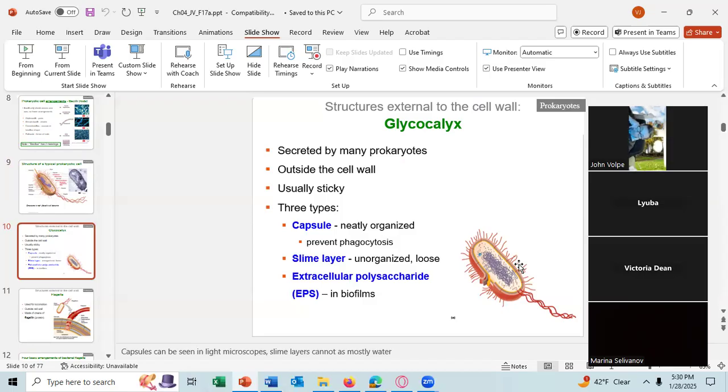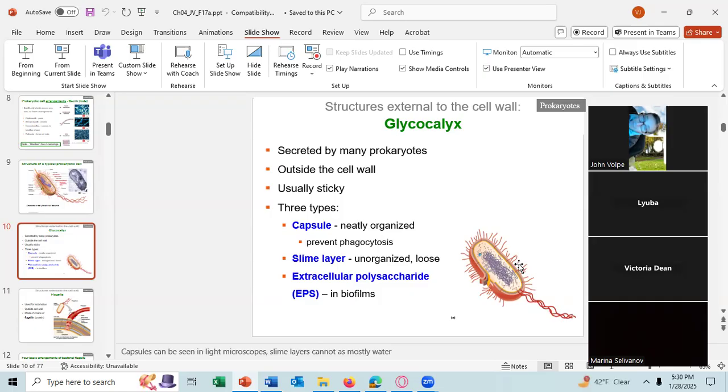Usually the bacteria with the capsule escapes phagocytosis and then just can grow, and if it needs to move and all that. Anyways, that's a capsule. Remember, it's neatly organized. It has more molecules in it than just water. You can see it with the light microscope.